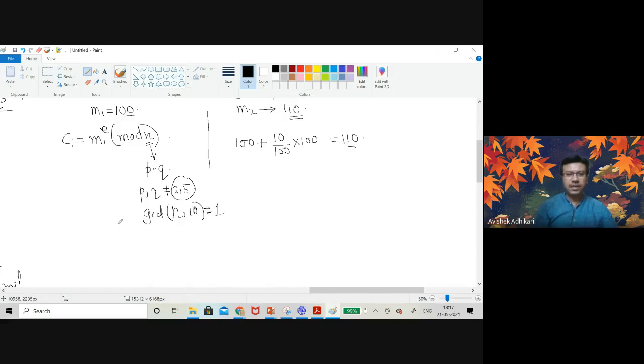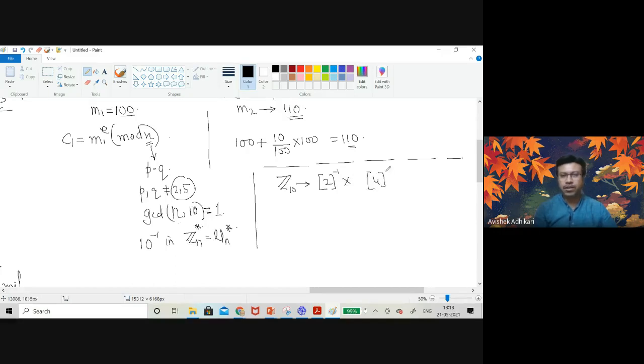As a result, you can have the inverse of 10 in Zn star. What does it mean? In my video lectures 3 and 4, I have explained in detail that, say you have 10, for class 2 you cannot have an inverse, for class 4 you cannot have an inverse.